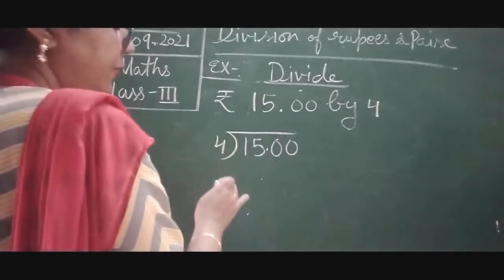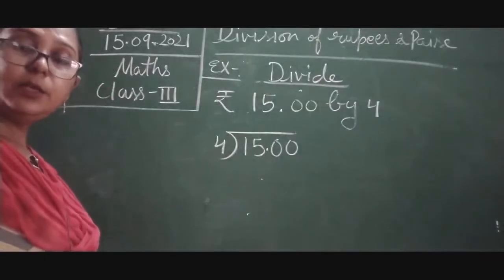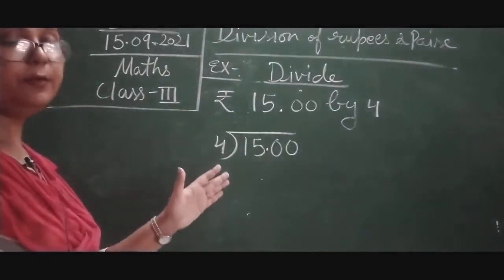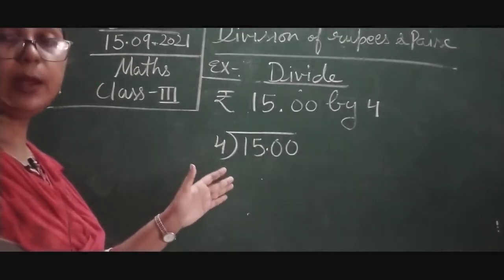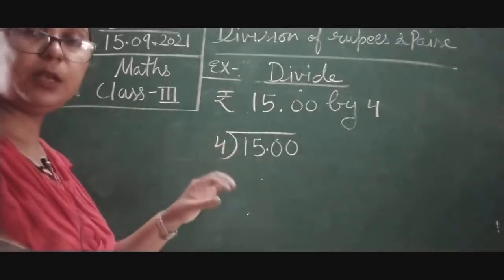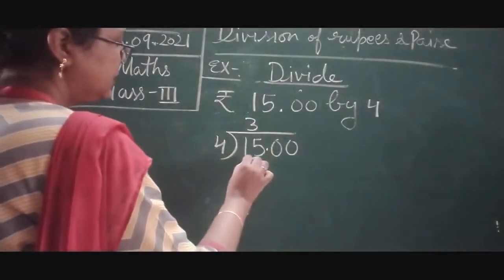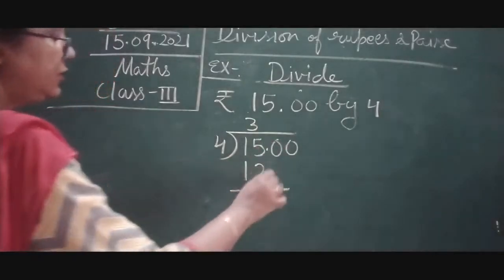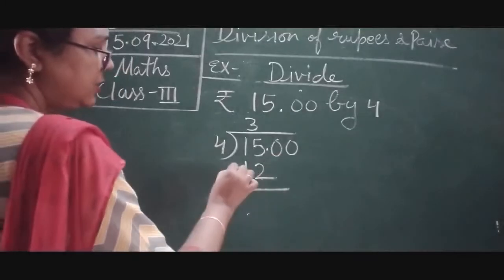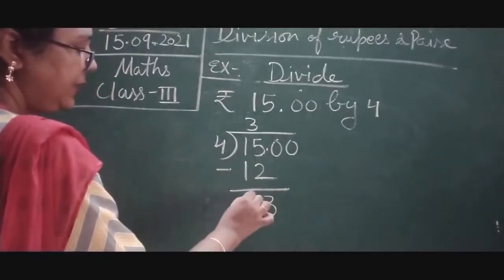Now 4 ones are 4, 4 twos are 8, and 4 threes are 12. After that the number we will get is bigger than 15, so that is why we write 4 threes are 12. Now here, children, 5 minus 2, after the subtraction we will get 3 and nothing will be there.